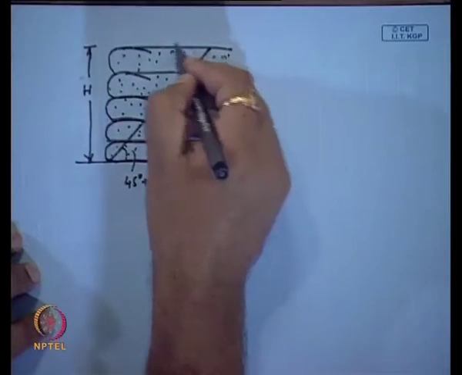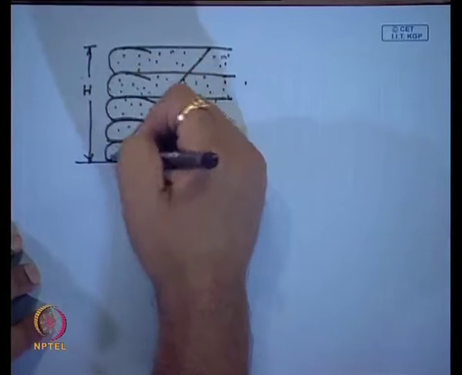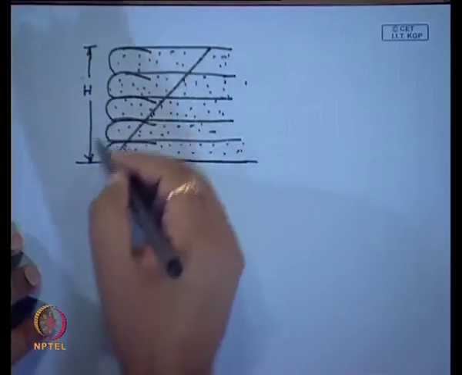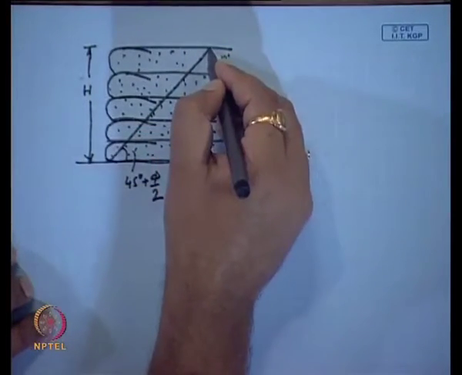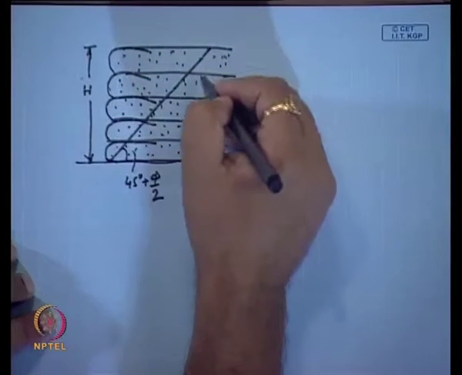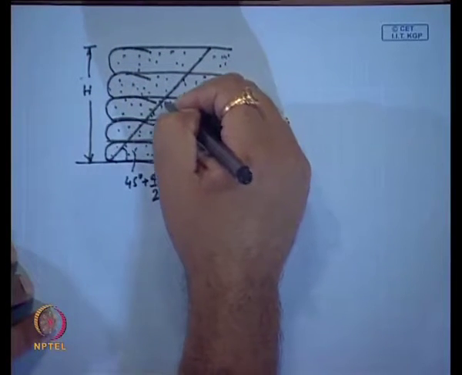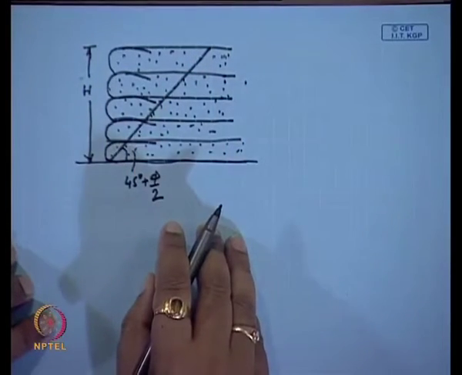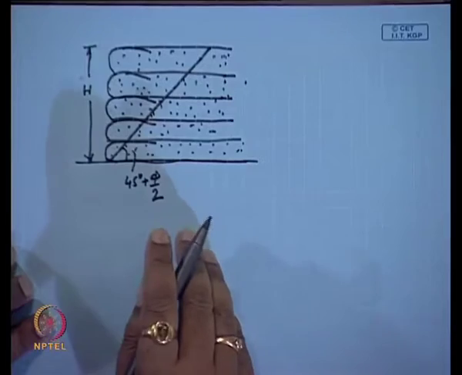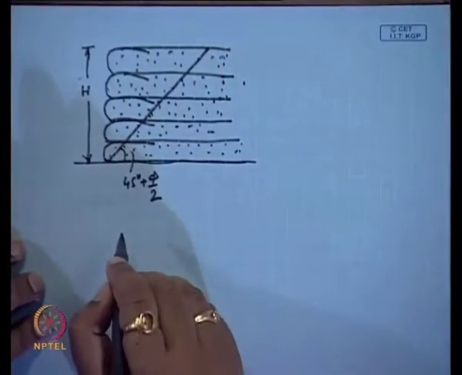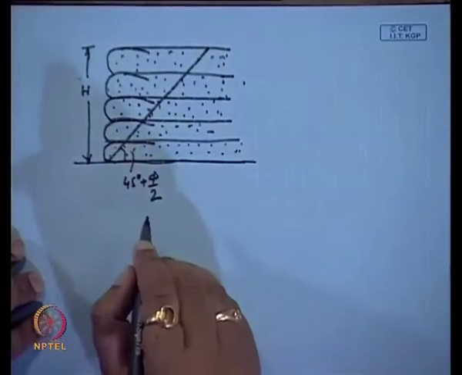This total system, this total soil mass along with this reinforcement, is trying to slide along this failure surface. But this reinforcement is basically holding this soil mass, so it will try to prevent this slide. Now, how can it be possible?